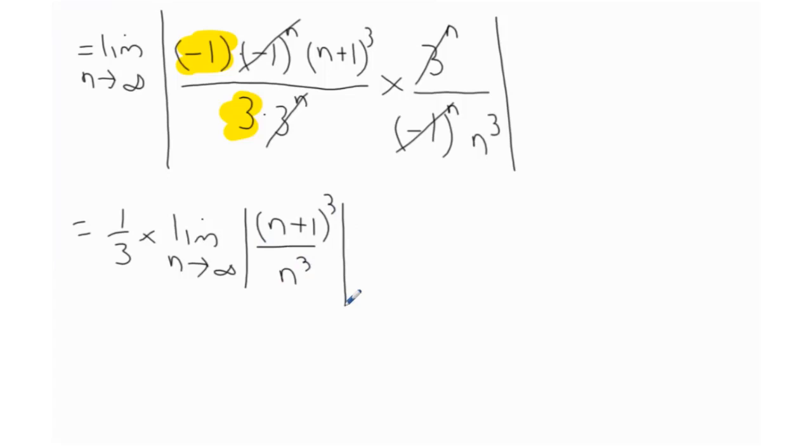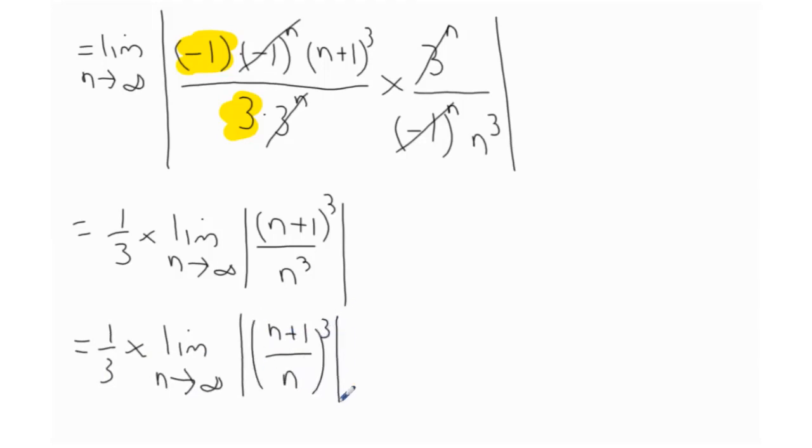If you've got one thing cubed over another thing cubed, then you can put them together. So this equals 1/3 times the limit as n approaches infinity of the absolute value of (n+1) over n, all of that cubed.